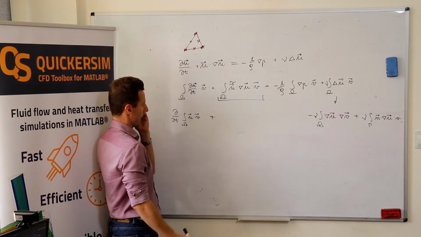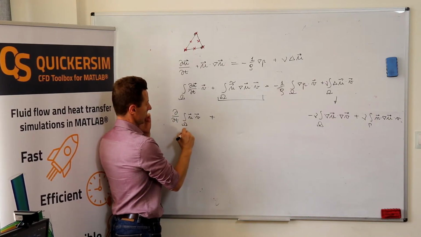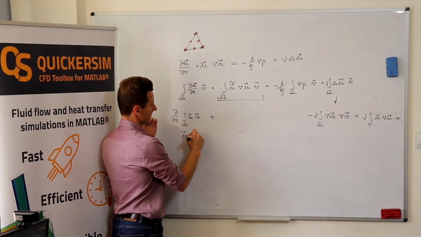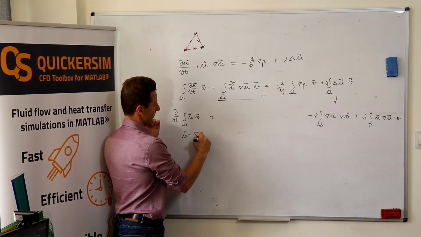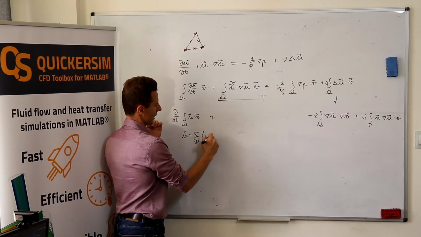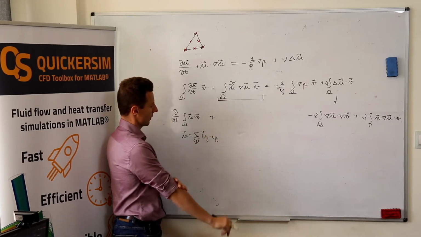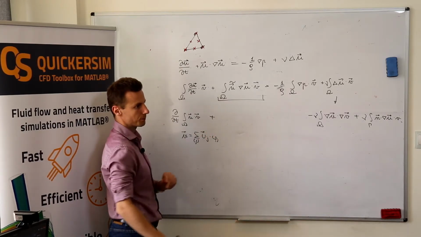Exactly. Because U is given by the sum over j of uj times phi j.